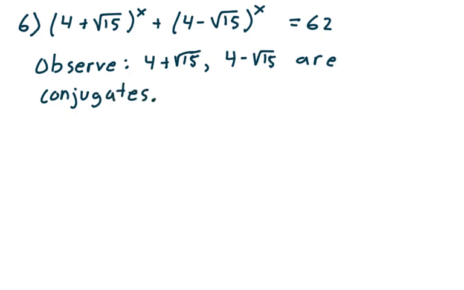Now, the way this is going to work is I'm going to multiply both sides of the equation by 4 plus square root of 15 raised to the x power.